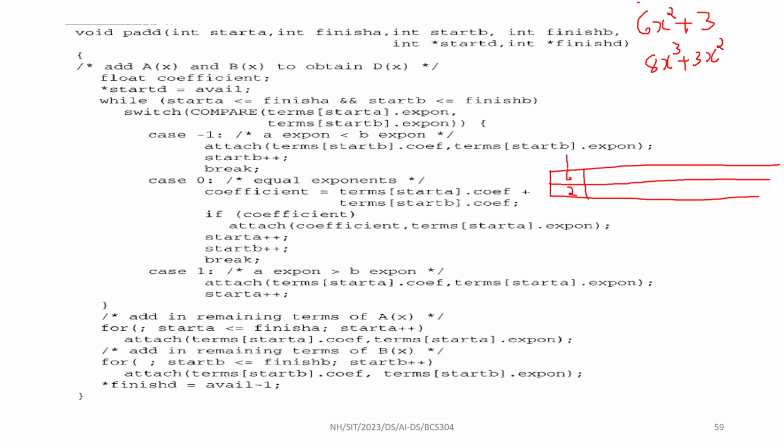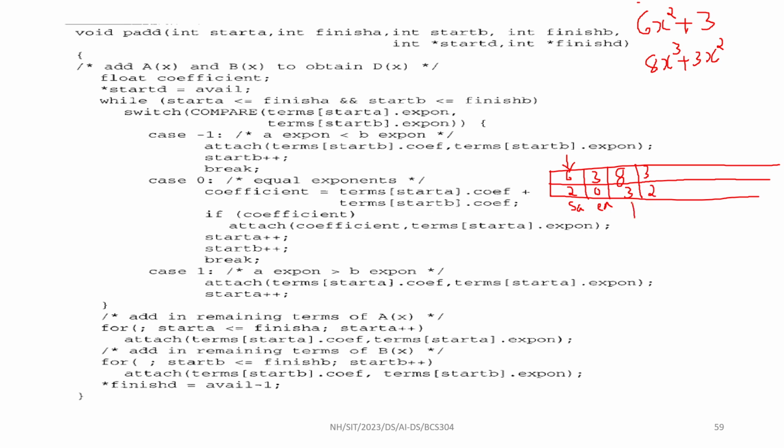This is the starting point of A, SA. The second term is 3, 0. This is the end point of A. Similarly, the second polynomial: coefficient is 8, exponent is 3; coefficient is 3, exponent is 2.